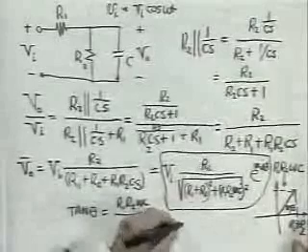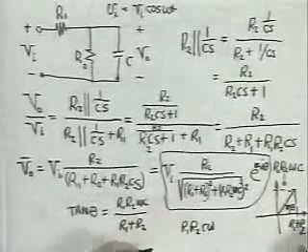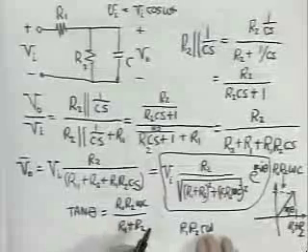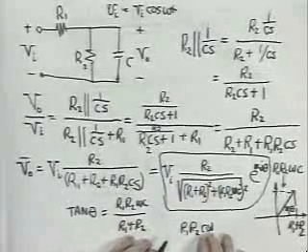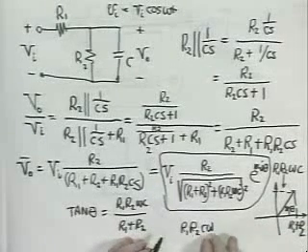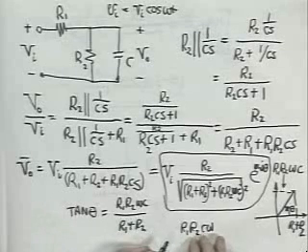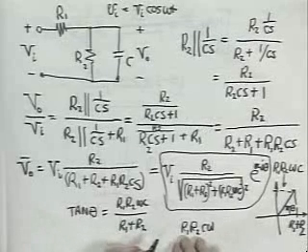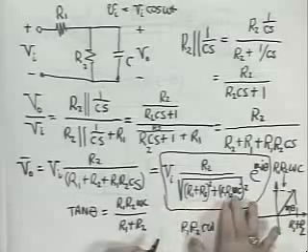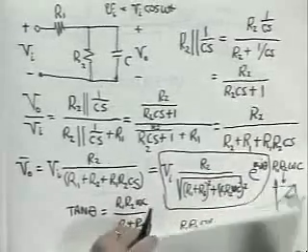If I look at that relationship, R1, R2, C omega has the dimensions of admittance. The admittance of a capacitor is just J omega C. This has dimensions of admittance, and admittance times a resistance has no dimensions. And admittance times an impedance is dimensionless. So the numerator has a dimension in either term, in both terms fortunately, of a resistance or an impedance.